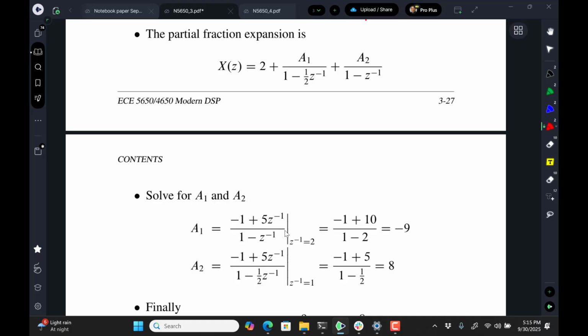And that particular pole is at 1 half, so we plug in z to the minus 1 equals 2 in place of z to the minus 1, and then the math is more bulletproof in my mind. Minus 1, 2 times 5 is 10, 1 minus 2, minus 9.